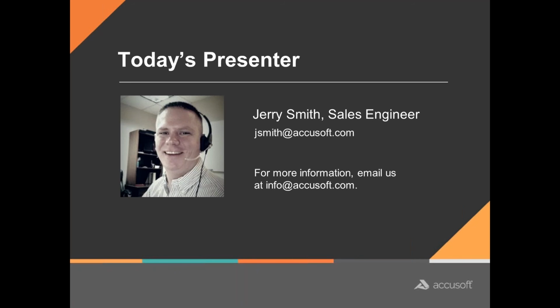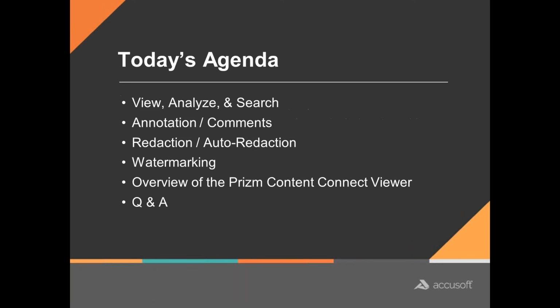So in just a second, we'll take a detailed look at how Prizm Content Connect and its document viewing capabilities can fit into your eDiscovery processes, but let's take a quick look at our agenda for today. We're going to talk about Prizm Content Connect and how it can help you with your eDiscovery processes, with the capabilities and features that it provides, not the least of which are document viewing and search capabilities.